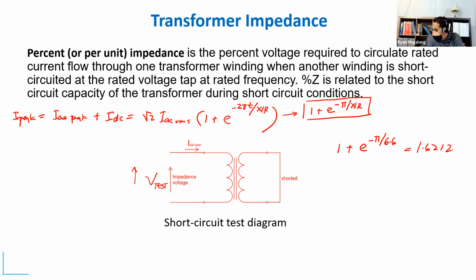Now using the actual XR, e to the negative pi divided by 11.72.